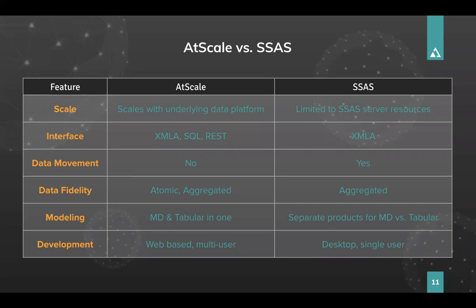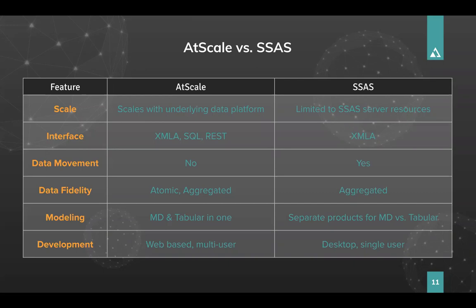On the interface, you're going to see a full interface from SQL to XMLA to REST. You're going to see it done in a no data movement fashion. You're going to see not just aggregated data, but access to the atomic data. Because we haven't pre-computed it, you can always get access to the fine grain.